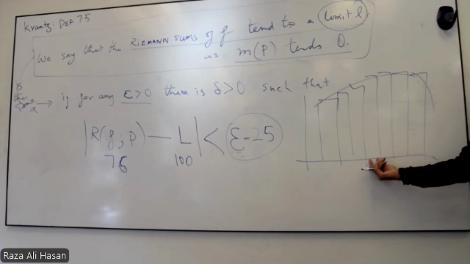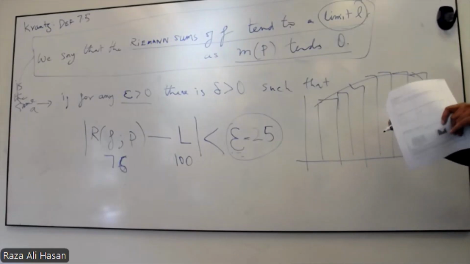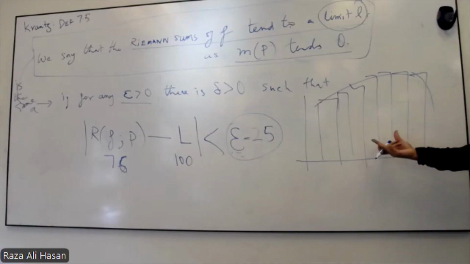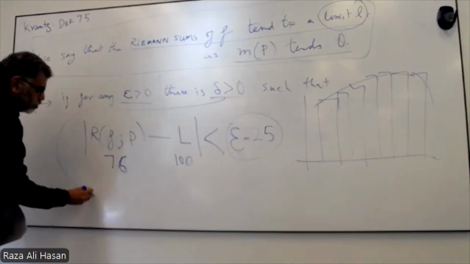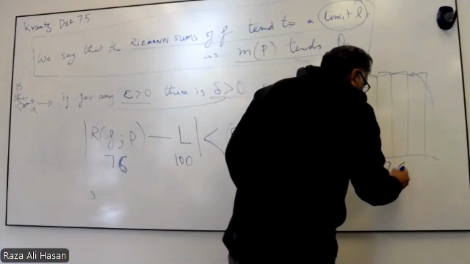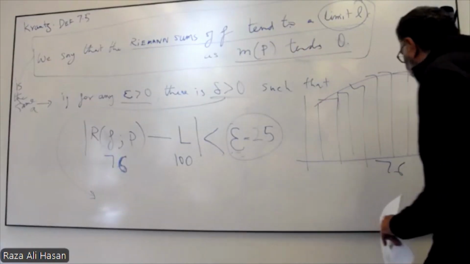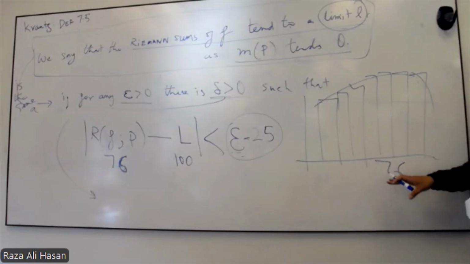If I can get the right width for the widest rectangle that fits under the curve, I make that width less than delta. So this is where the delta comes in. And so I needed to stick 76 rectangles. The constraint on fitting 76 rectangles is the width. If the width is too large, I'll only be able to put in how many? Maybe 3 or 2 for 76.